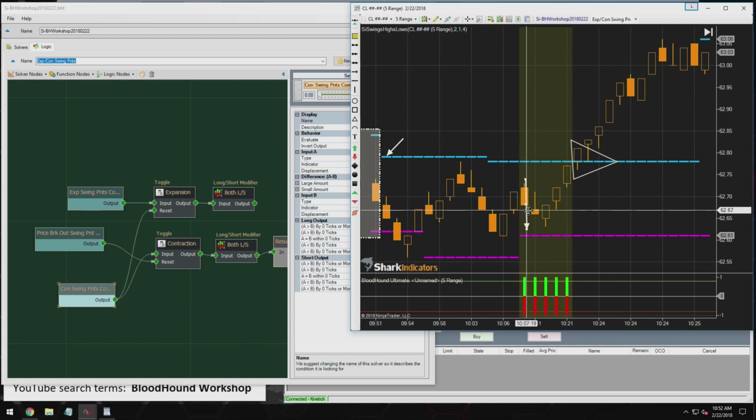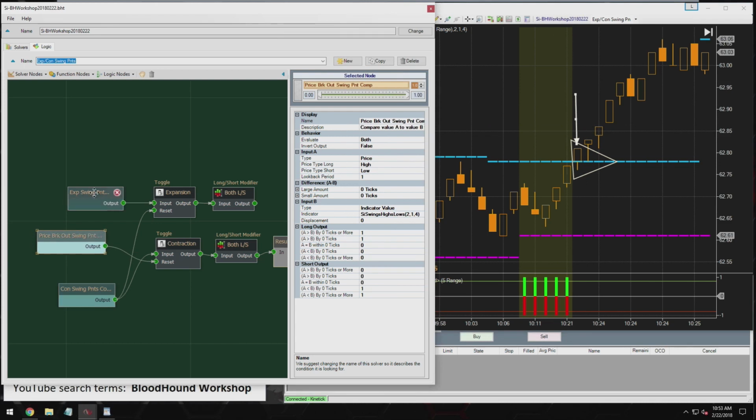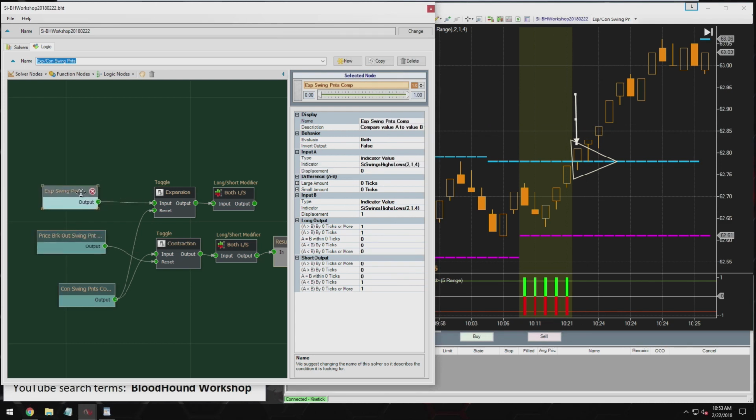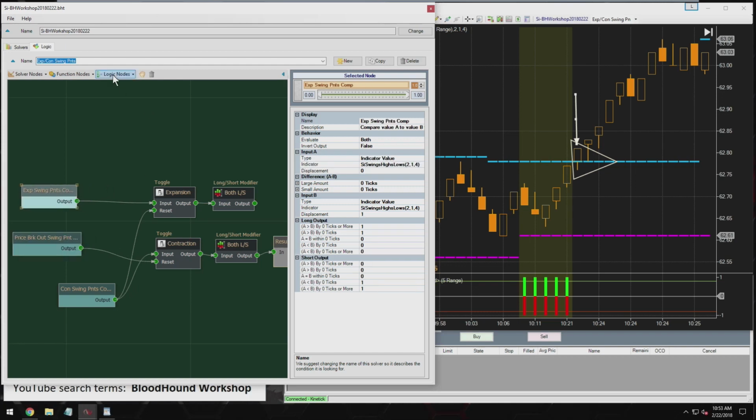So there we go. We have a couple of bars of contraction, and then as soon as price broke out of the swing high, our contraction ended. All right. So that worked. But I also do need to have this expansion solver connected in as well. So let's pull this back, and what I'll need is an OR node.